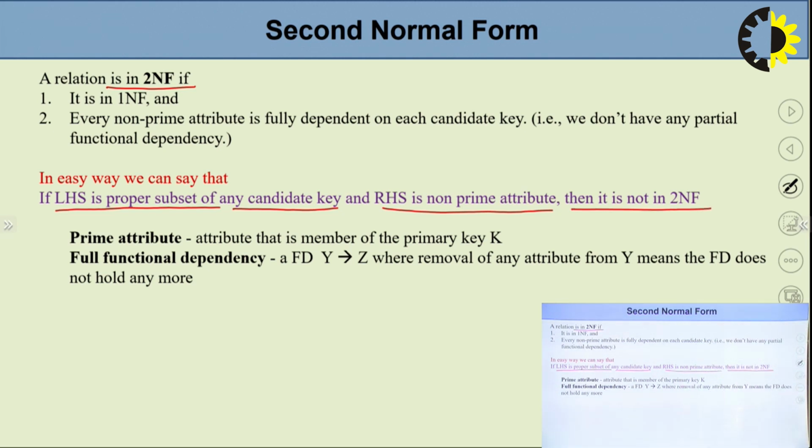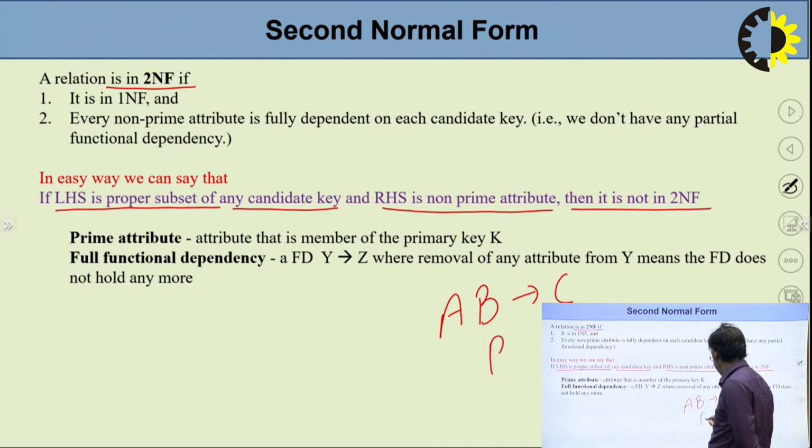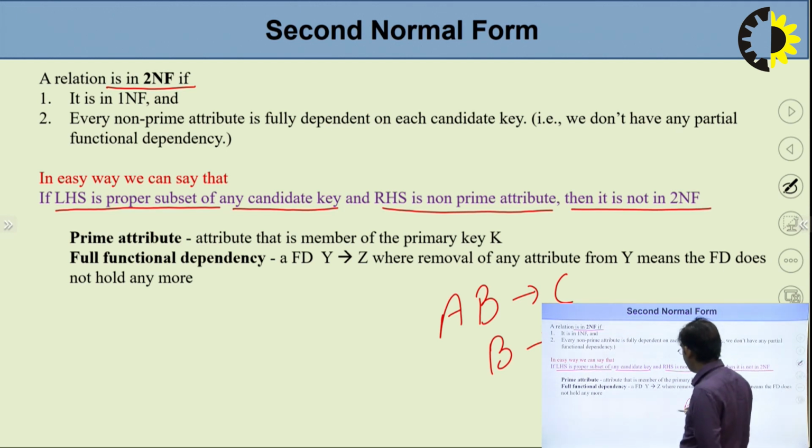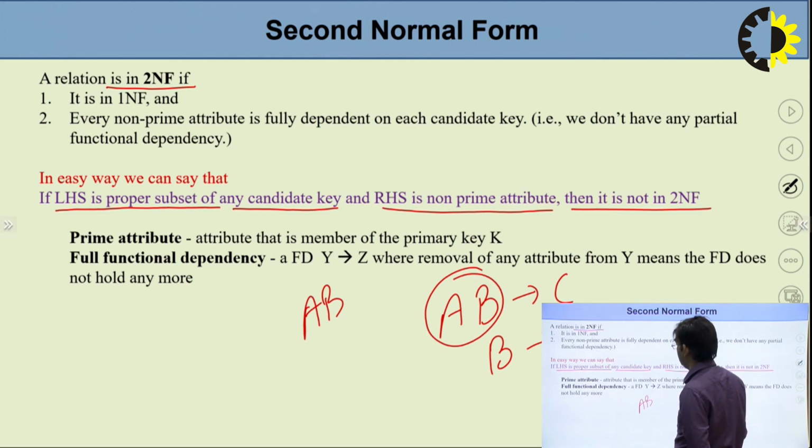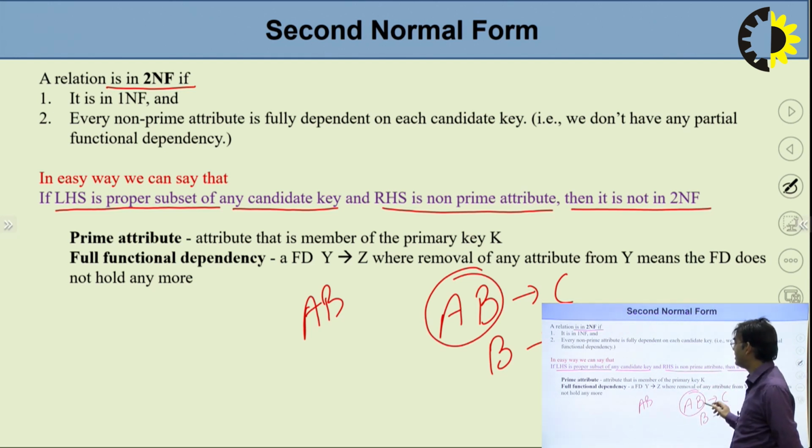Let's suppose we have a given relation with AB tends to C and B tends to D. How to check whether that relation is in second NF or not? First, we have to find out the candidate key. Let's suppose AB is a candidate key. We have to check whether the left hand side of an FD is a proper subset, a part of the candidate key, and the right hand side is a non-prime attribute, then that relation is not in second NF.